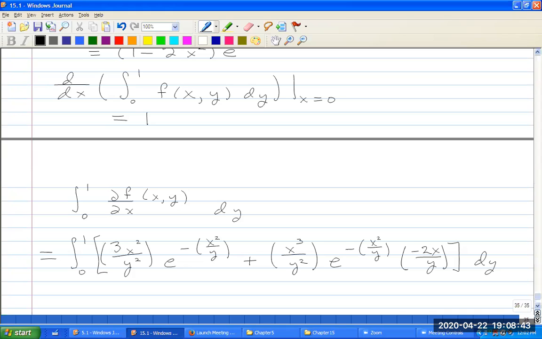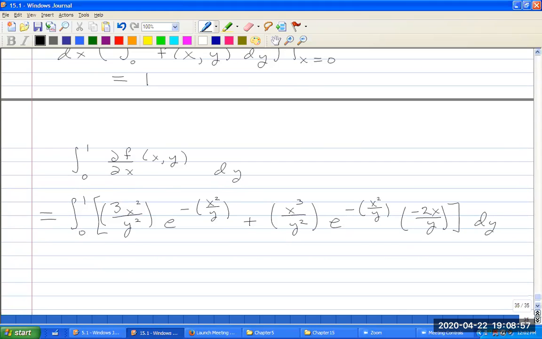Now maybe I'll try to simplify that somewhat, and let's evaluate this when x equals 0. When x equals 0, this is a 0, and this term will be 0.